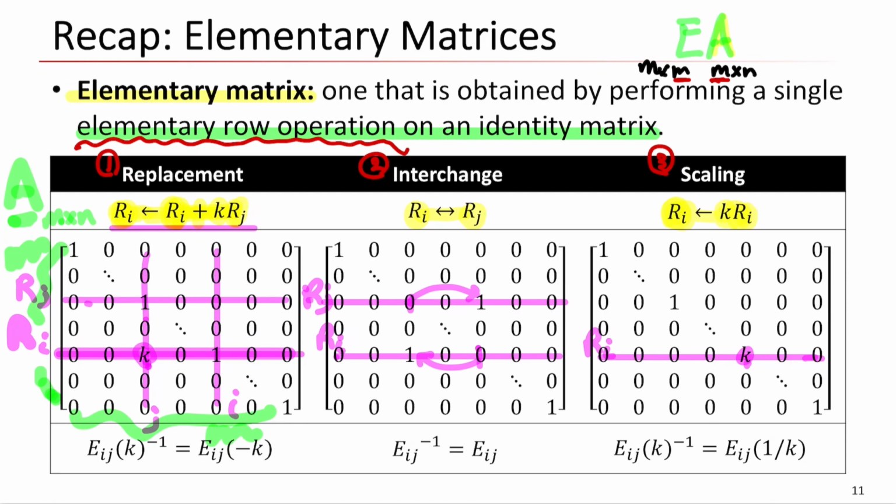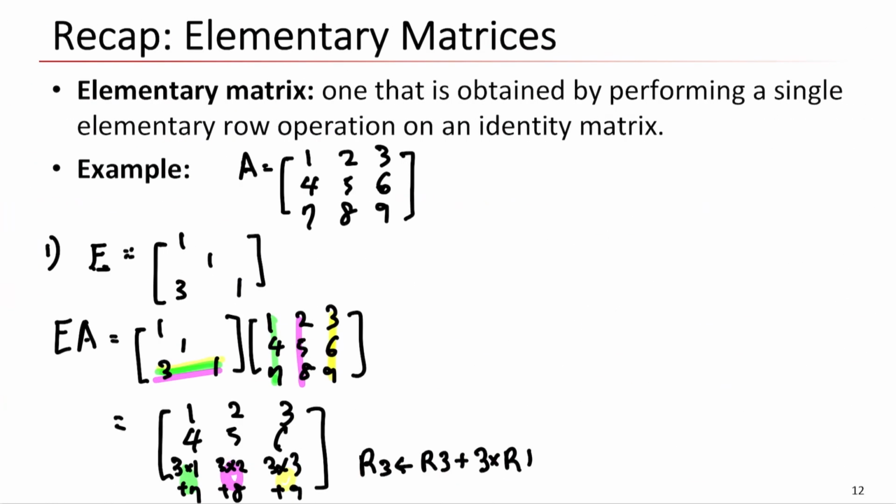As you can see here, this E times A is exactly the same procedure as the replacement row. So this is the elementary matrix for replacement.